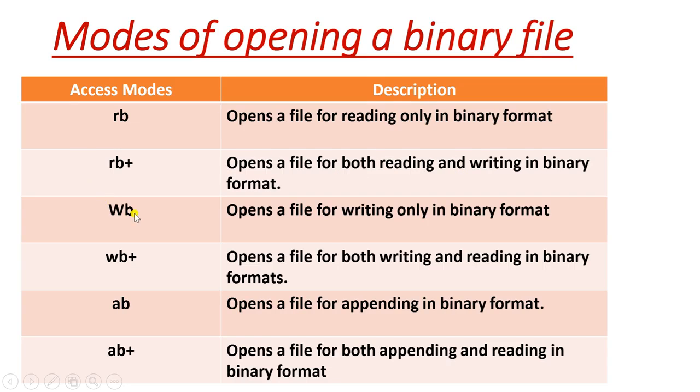Next is wb, it opens a file for writing only in binary format. Next is wb+, it opens a file for both writing and reading in binary format. Next is ab, it opens a file for appending in binary format. Next is ab+, it opens a file for both appending and reading in binary format. So these are the modes in a binary file.